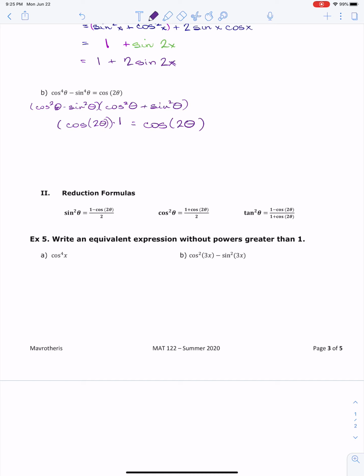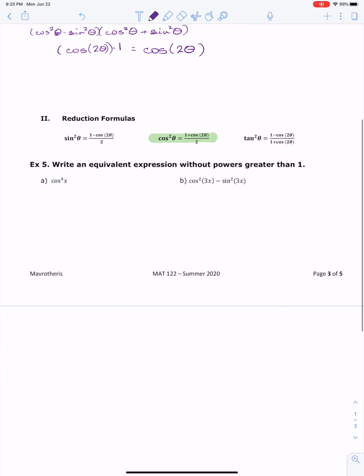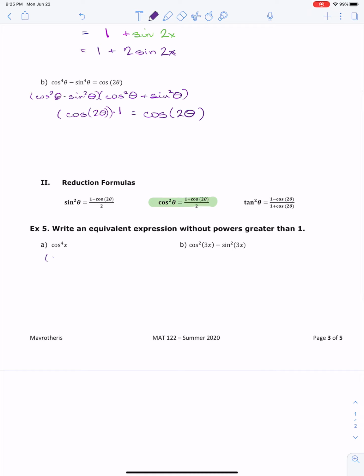So A, cosine to the 4th x. Cosine squared theta up above looks like this: cosine squared theta equals 1 plus cosine 2 theta all over 2. So I can use that to rewrite cosine to the 4th as cosine squared x, squared.